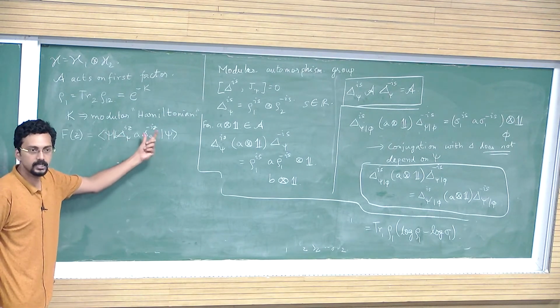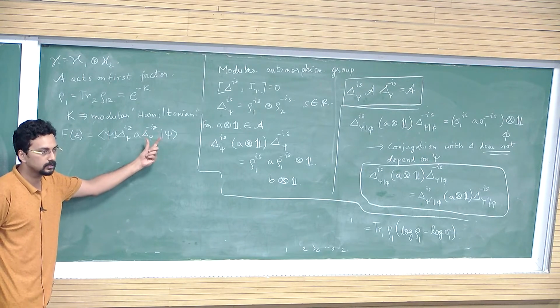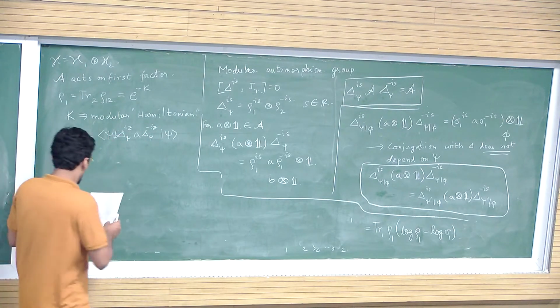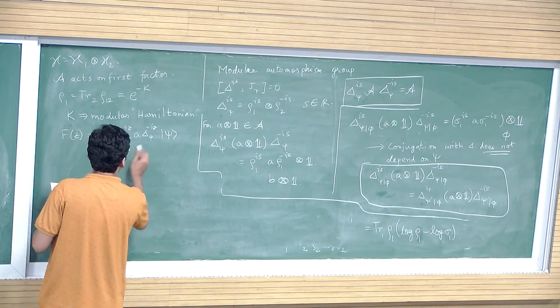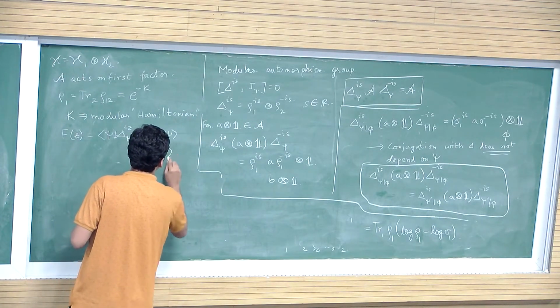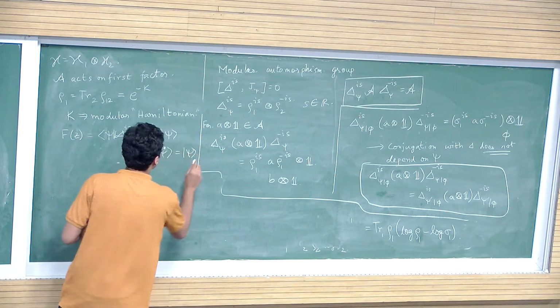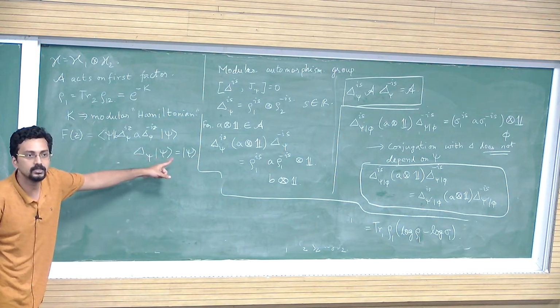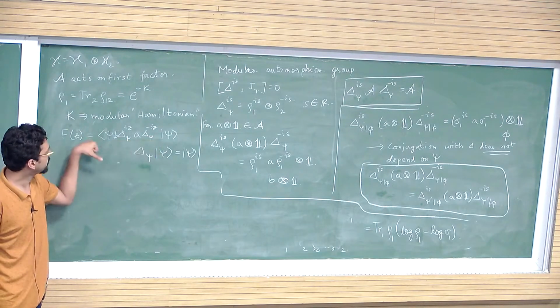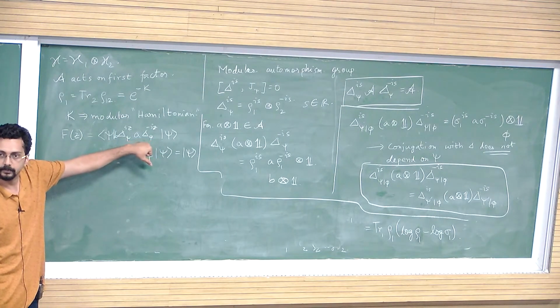So all I have done is I have put in one more unitary factor here. None of these arguments would have changed, and I can do this because Delta to the power psi acting on psi is nothing but psi.